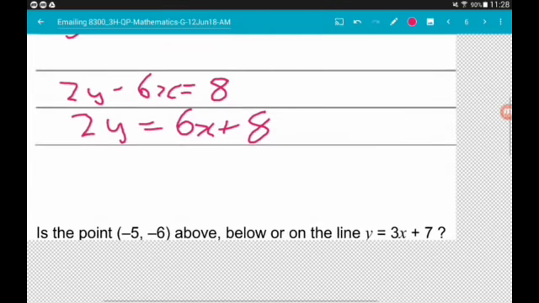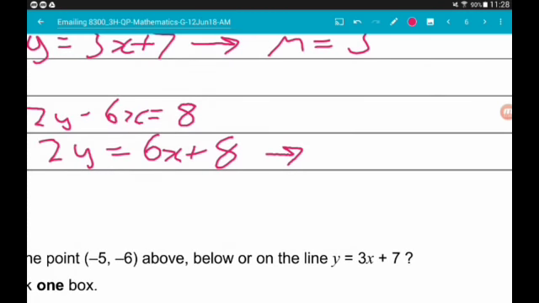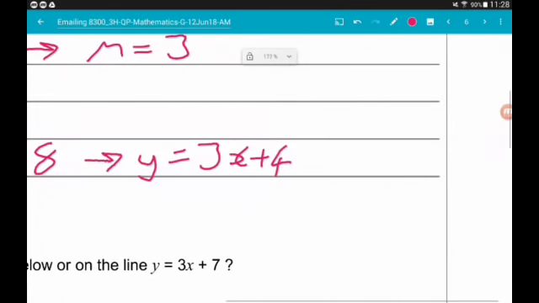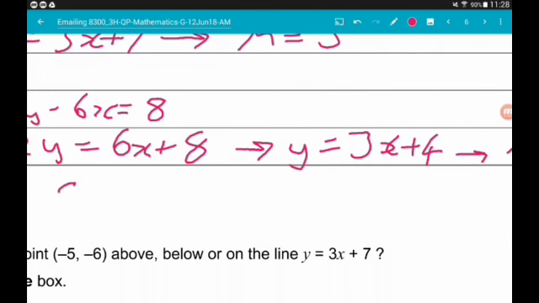And then if we divide both sides by 2, we get 1y is 3x, add 4. So this line also has a gradient of 3. So then I guess we should say they have the same gradient, so are parallel.